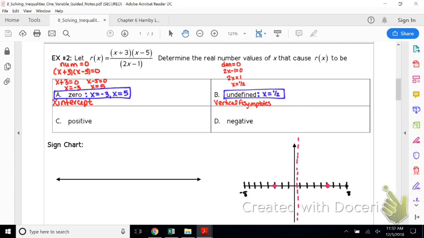What do we put on that number line? Okay, so negative infinity and positive infinity. The zeros. Is anything else going here? Yeah, the vertical asymptote.